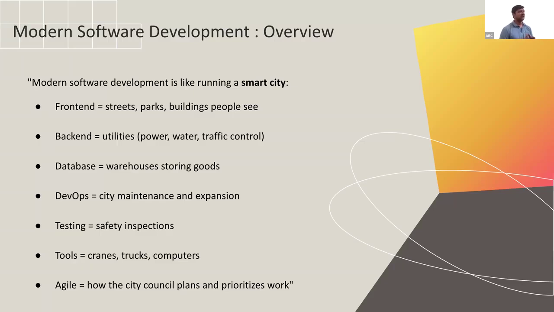DevOps is something like the maintenance, or if we have to plan expansion, then that's about that. Testing is about safety inspections, tools like cranes and trucks and computers. And Agile is how the city council plans and prioritizes work, right?